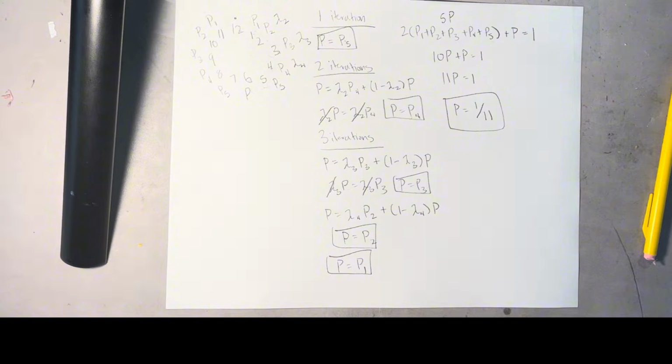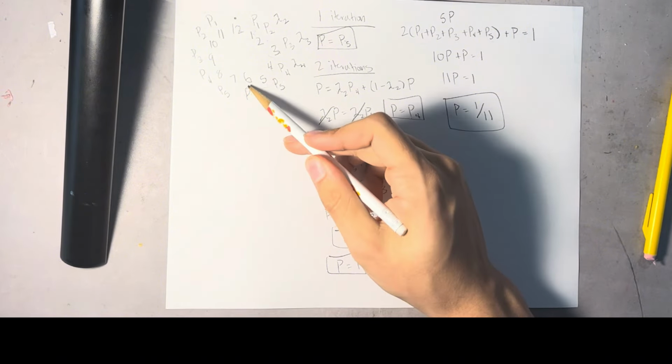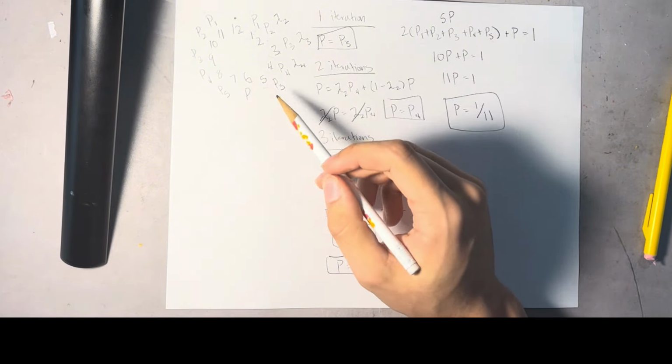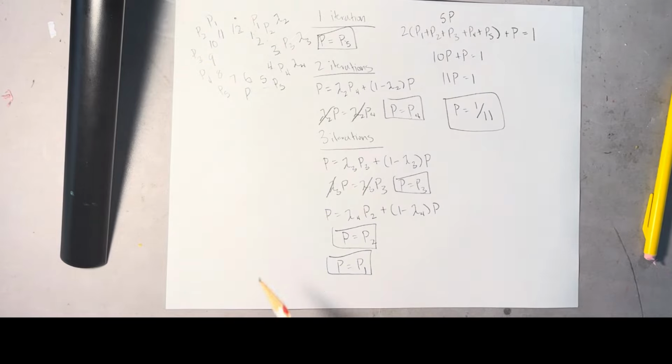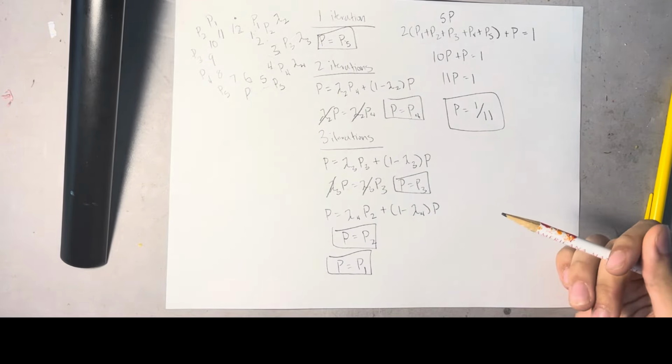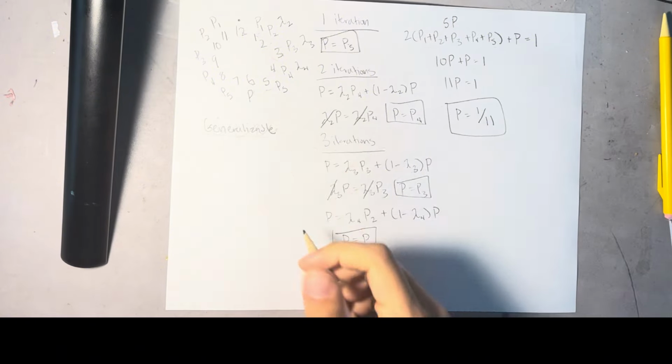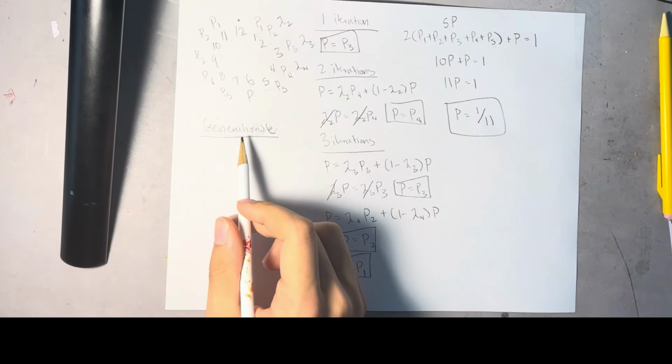So all we did was call what we wanted a variable, and then call everything else other variables, and then use symmetry to relate the variables to themselves, and use algebra to solve for them. The other thing is this process is generalizable.